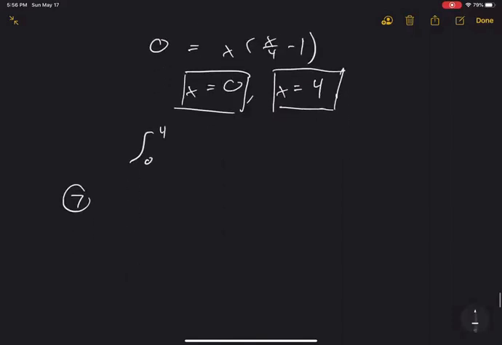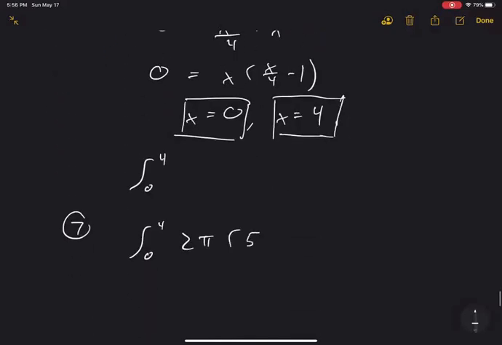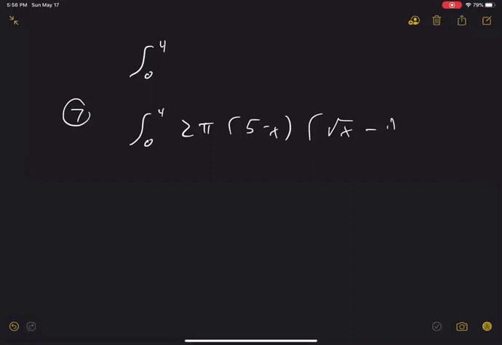And now that's enough information to form my integral. My integral should be 0 to 4, 2 pi. What's my radius? We said our radius was 5 minus x. What's our height? It's going to be square root of x minus x over 2. Okay, and now I just need to integrate. So I'm going to pull my 2 pi outside. Okay, and then I need to multiply this stuff out, FOIL it out.